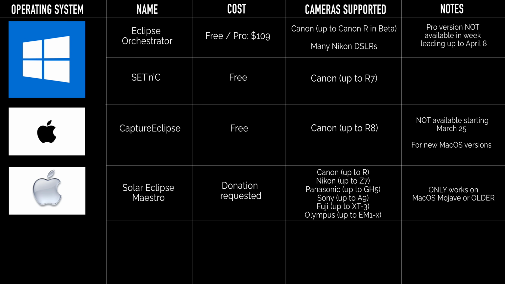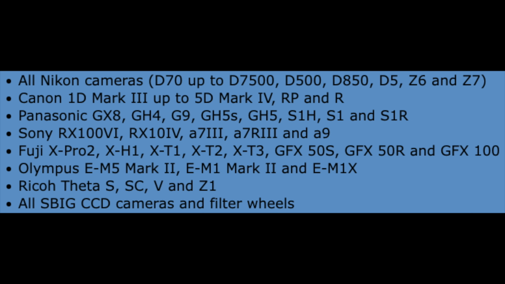So you do need either an older Intel Mac, that's what I'll be using, or be able to virtualize Mojave in order to run this. Now, if you can get it running, it does support quite a few camera models, including Canon and Nikon DSLRs, Sony DSLRs, and some mirrorless bodies, many Fujifilm and Olympus digital cameras, and even SBIG CCD cameras. So a lot more options with Solar Eclipse Maestro.